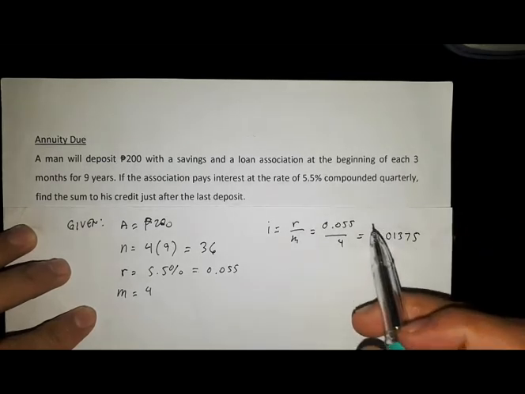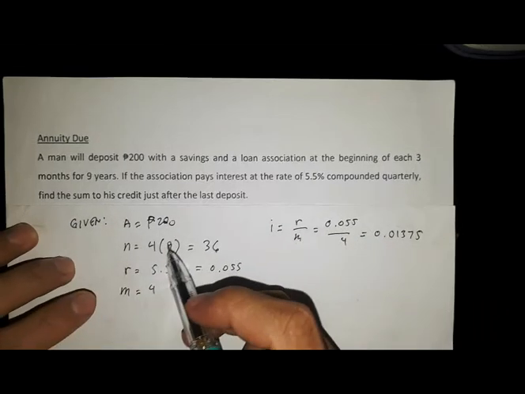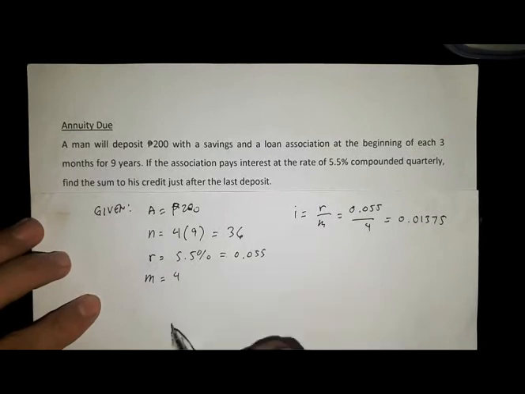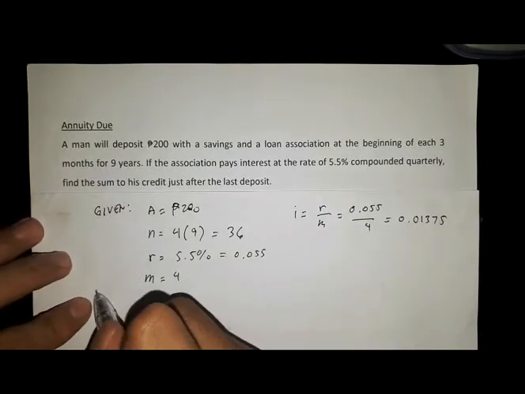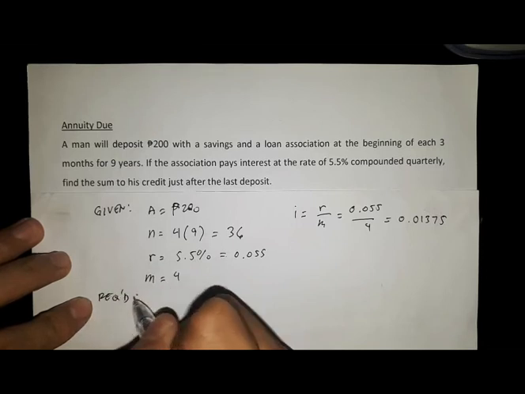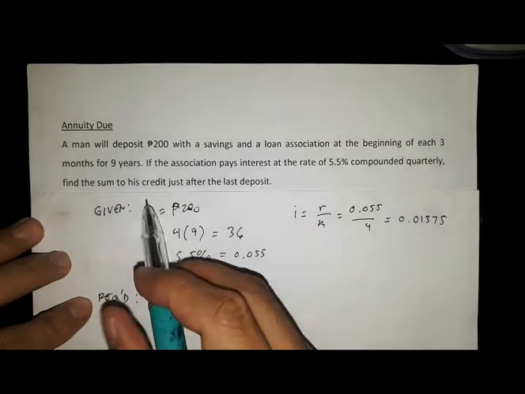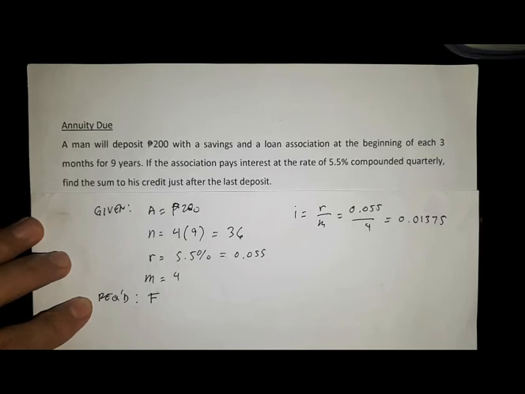Now, find the sum to his credit just after the last deposit. The required is the sum after the last deposit, therefore it is F.